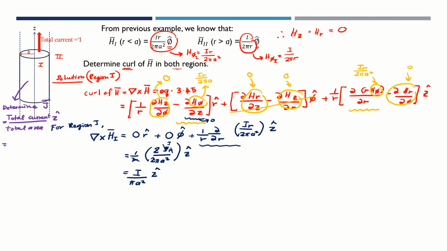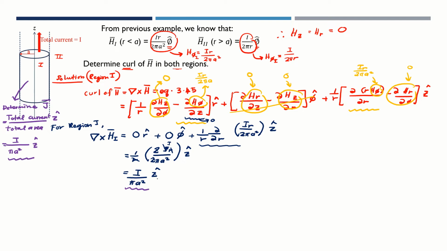In this question, the total current is I, and the total area is pi a squared, in the z direction. So if you want to determine J at region number 1, based on this formula, the answer is I over pi a squared in the z direction, and we can compare that this is the same as the curl of H for region 1, which is I over pi a squared in the z direction.